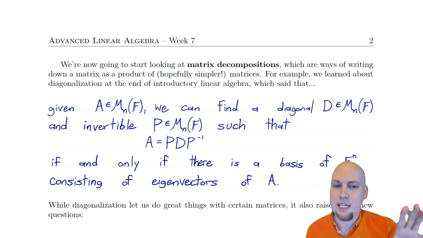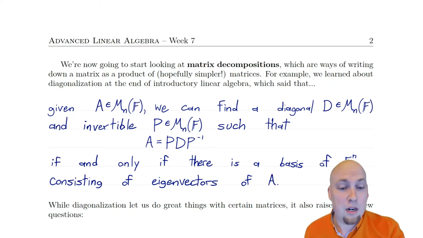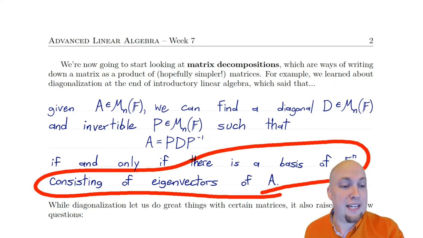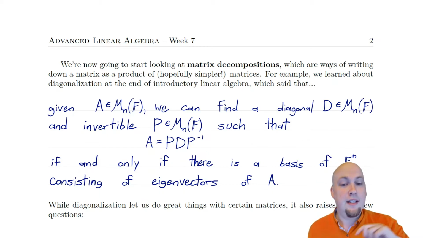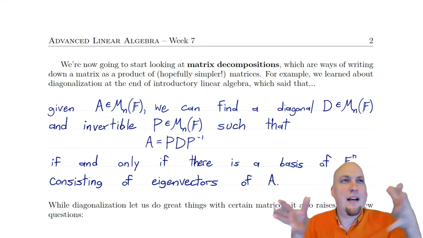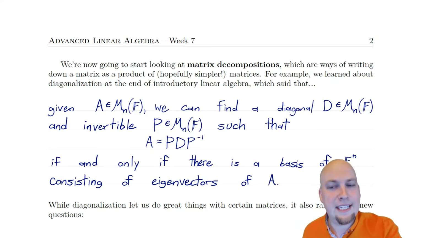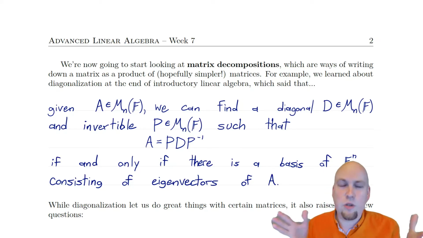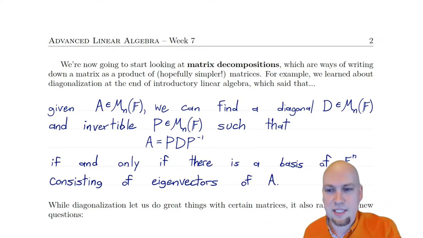And that's only sometimes. The cases where you can do this are exactly the cases when you can find a basis of Fn consisting of the eigenvectors of A. So as long as you have enough eigenvectors, you can diagonalize A in this way. But there are some matrices that don't have enough eigenvectors, so you can't do this diagonalization.